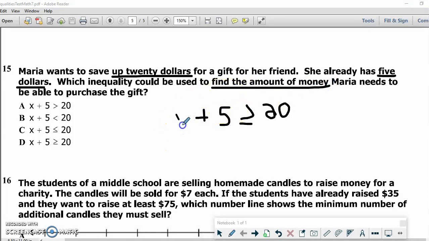So we'll let that be X. So this is what she has, the $5. This is what she needs, and this is her goal that she's trying to get to. So anything that is greater than that 20 will work. So what matches that inequality that we wrote? D. So D is our correct answer.